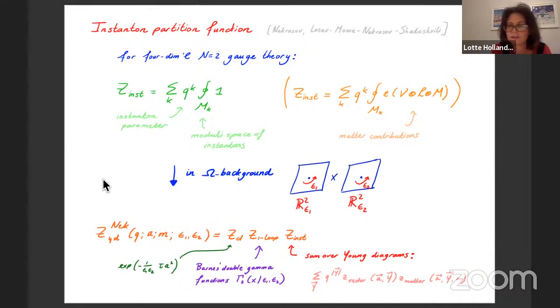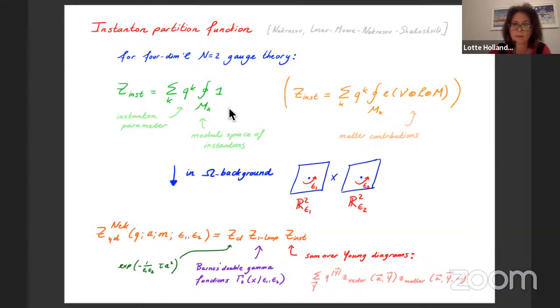This is a partition function which is introduced for 4-dimensional N equals 2 gauge theory. So basically, it's a summation over q to the power k, as is written here, times the volume of the moduli space of solutions to the self-dual instanton equations with instanton number k.